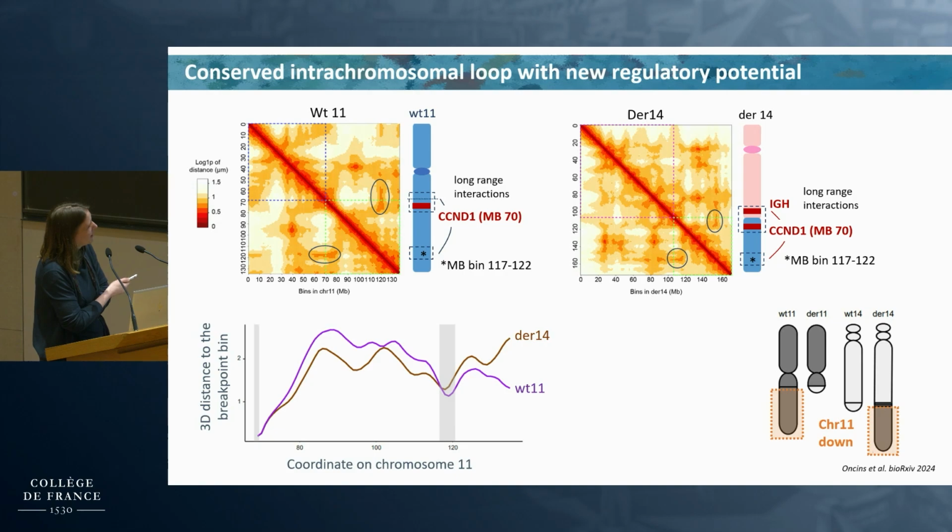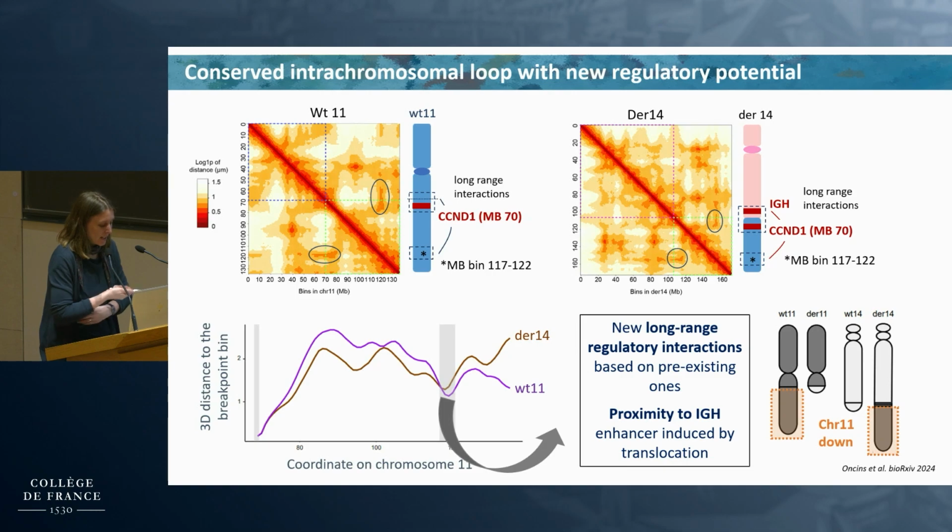But then from here, you start to see that the 3D space starts to show some folding, and you can see that these regions are in linear space very far away, but in 3D space they are closer to the breakpoint than the other regions that are located over here. So basically there's a very long-distance 3D interaction.